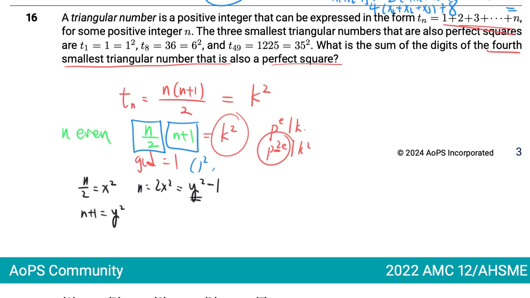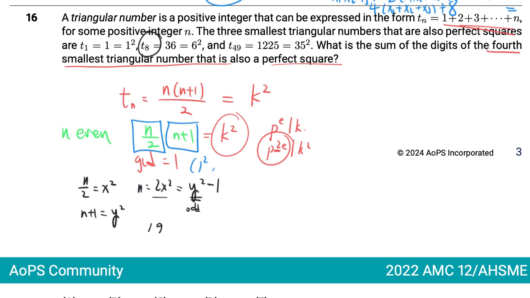So we can just go search, and notice y we only need odd, because if it's even, then y squared minus 1 cannot be even. So we have 1, 9. 9, notice, produces x equals 2, and that gives n equals 8, which is exactly what we have for T8.